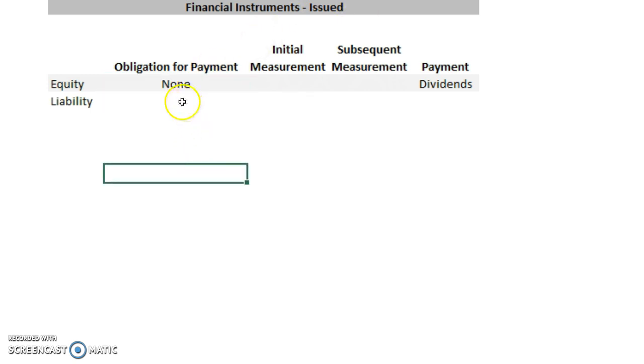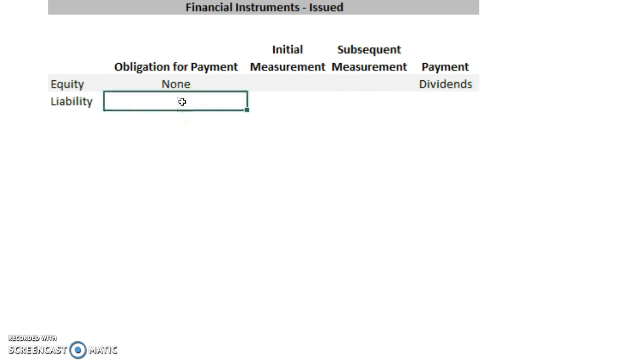Now that's different to liabilities, and the simple example here is straight debt. Now here there is an obligation for payment. If I buy debt, a debenture from a company for £100,000, I'm expecting there to be some kind of interest payment, which will be paid every month or every year or every 6 months, however it's agreed, and I can rely on that payment.